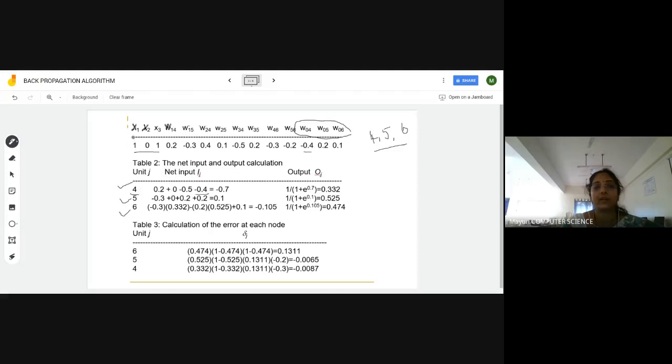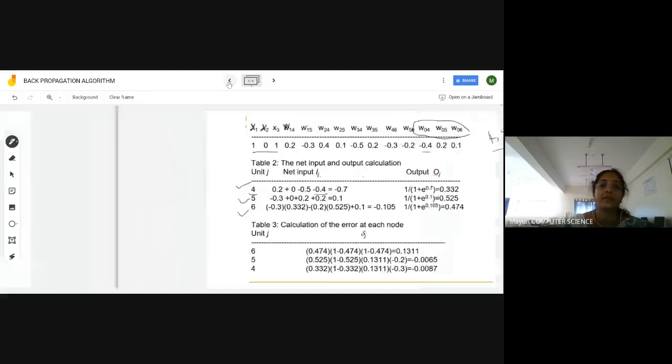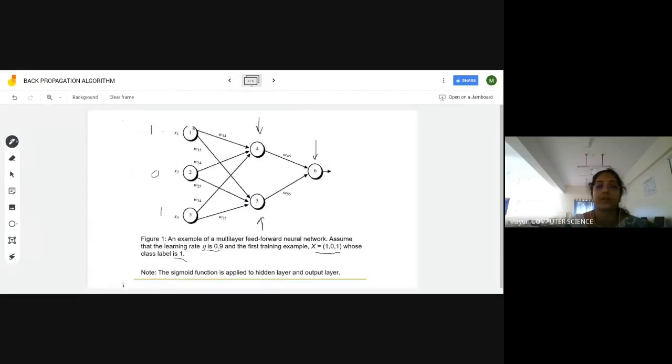It's x1 into W14, then x2 into W24, plus x3 into W34, plus the bias weight of 4, which is W04. I have to add the bias weight always, right? Are you understanding?